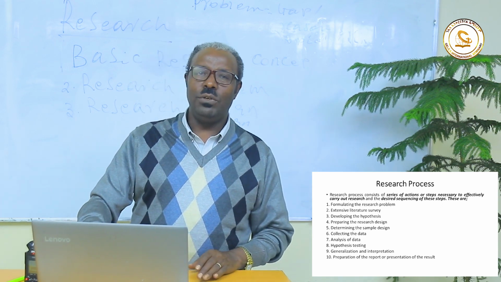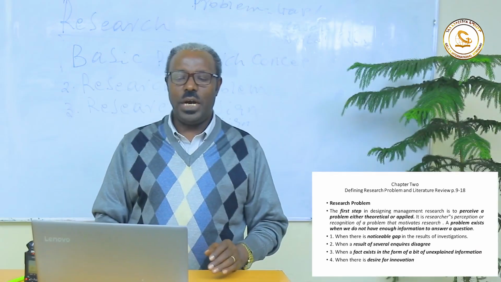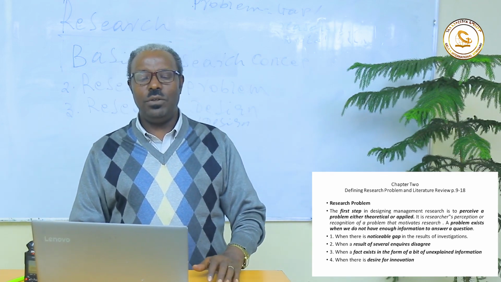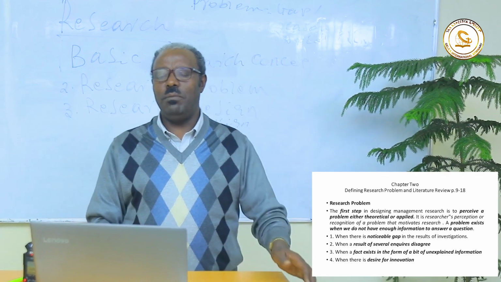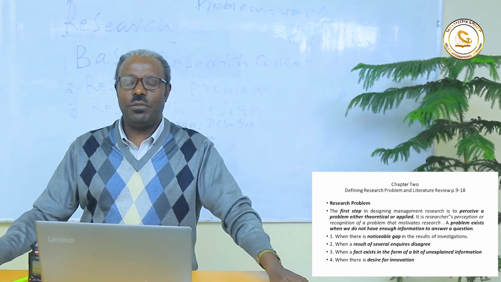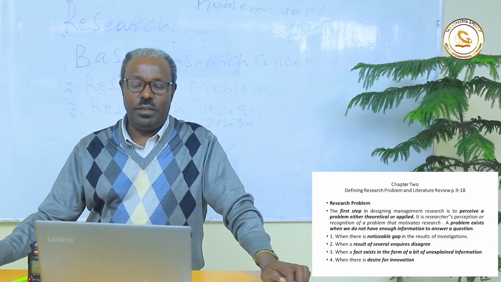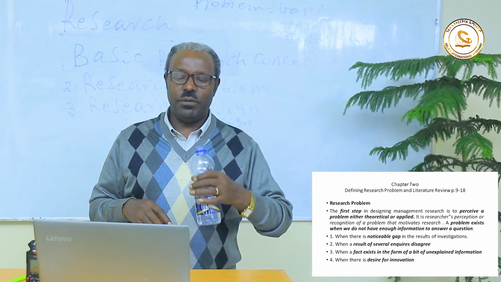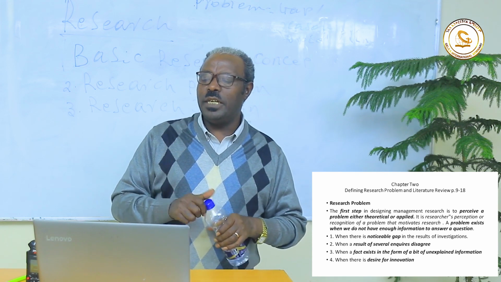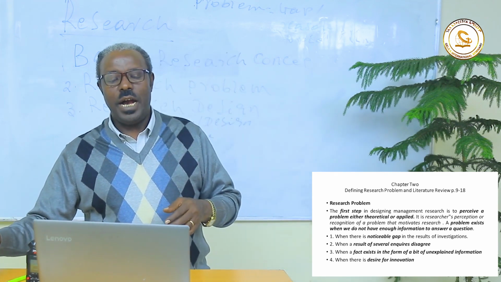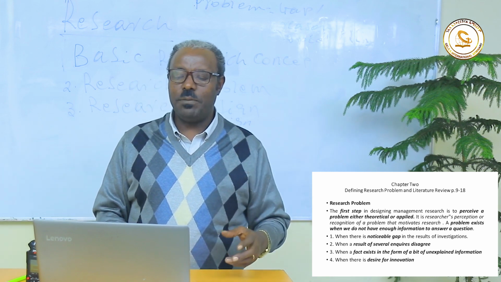Let us continue with chapter 2. Chapter 2 is about defining the research problem, and it speaks about the literature survey. The first step in designing research is identifying the research problem.